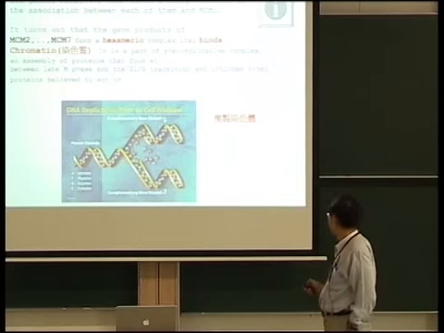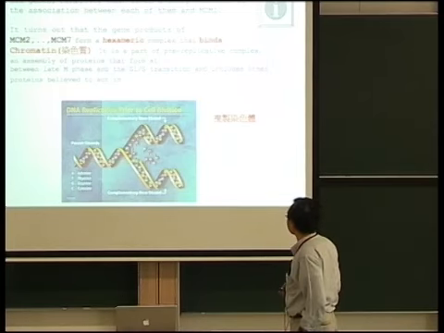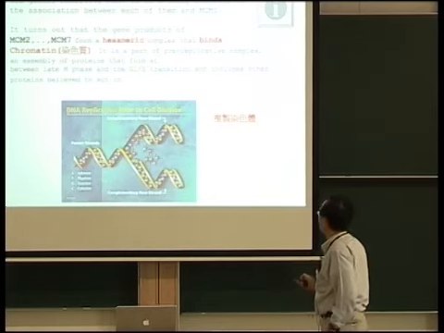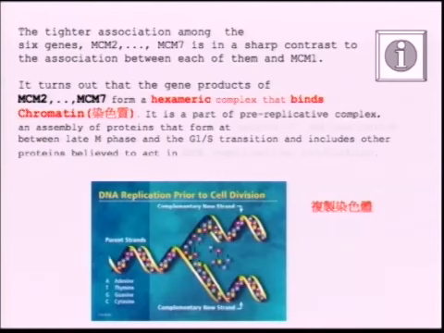And so the truth is that MCM2 to 7, they form a hexameric complex that binds the chromatin, and when you start replicating the DNA, it has to start from somewhere, and this complex just binds there to initiate the replication.